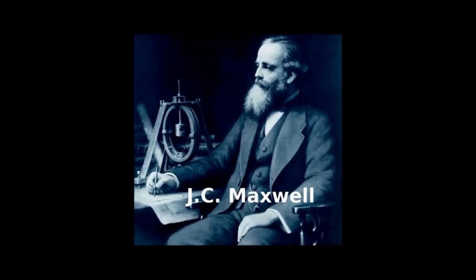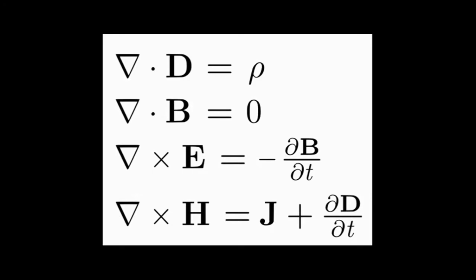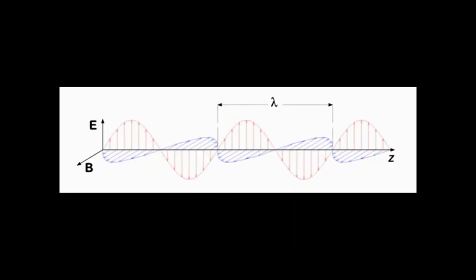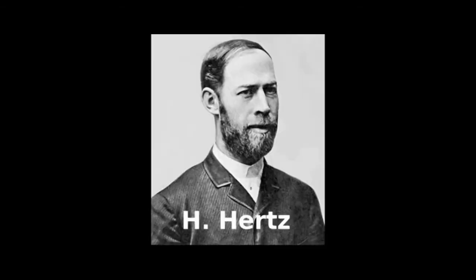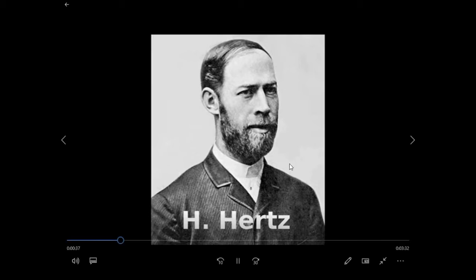Around 1880, the brilliant scientist James Clerk Maxwell developed the mathematical theory of electromagnetism. His theory predicts that electromagnetic waves propagate through space at the speed of light. Many other scientists of the time were trying to prove experimentally the existence of these waves. In 1887, Heinrich Hertz, a German physicist, designed a series of brilliant experiments to demonstrate Maxwell's hypothesis.